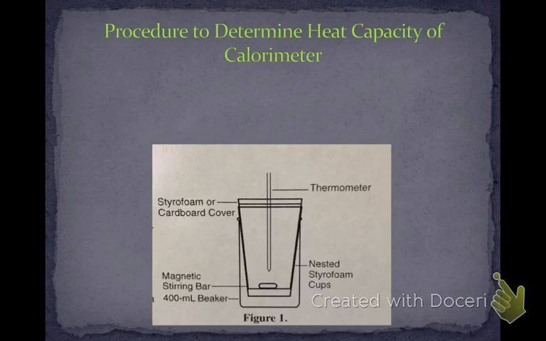You can also see that there's a magnetic stirring bar in there because as we are mixing the two different temperature waters, we want a magnetic stir bar to mix the waters together.